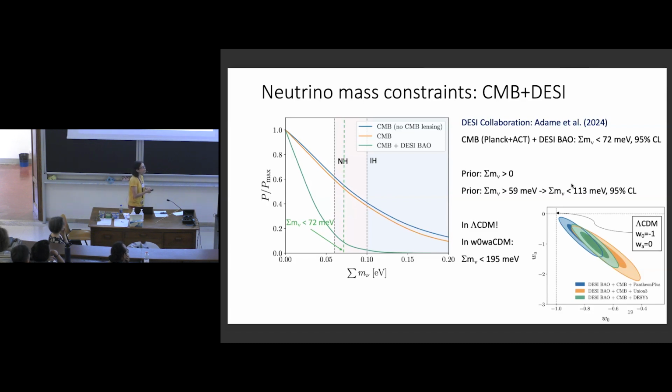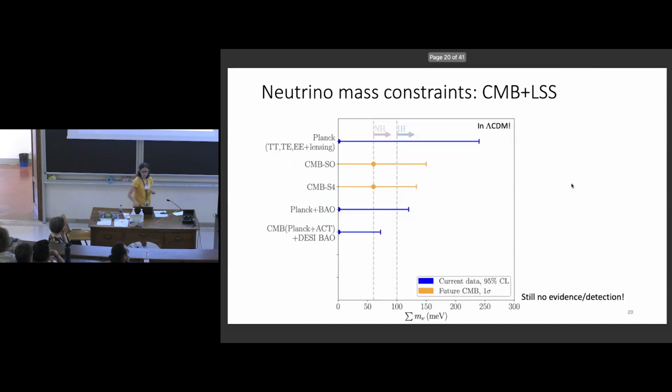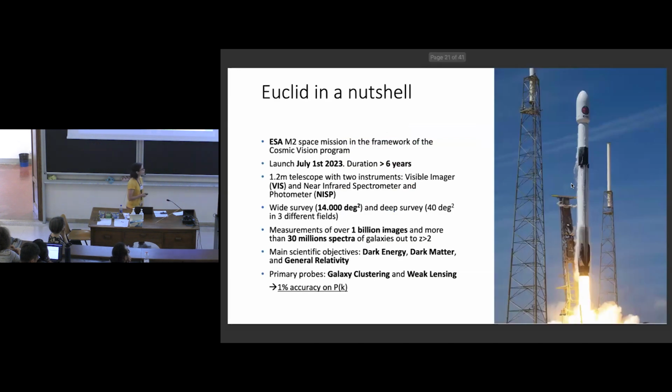So basically, if you compute the neutrino mass in the region that is actually preferred by the data, then the mass is about 0.2 electron volt. Anyhow, even with these DESI BAO measurements, we still don't have an evidence or a detection for a non-zero neutrino mass. And this is where Euclid comes into play.